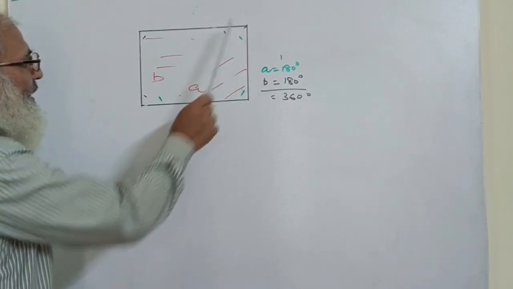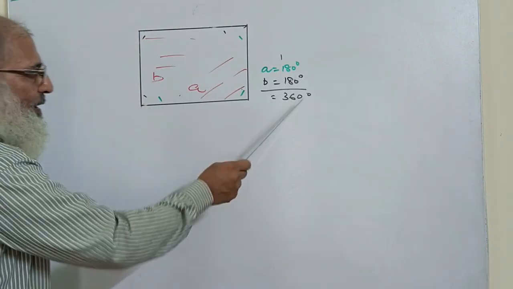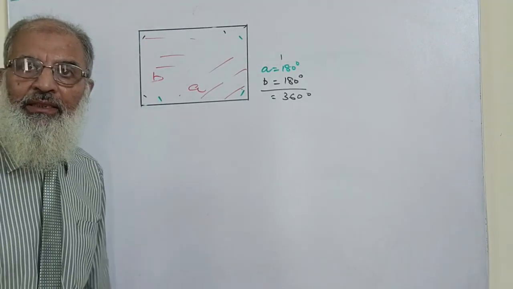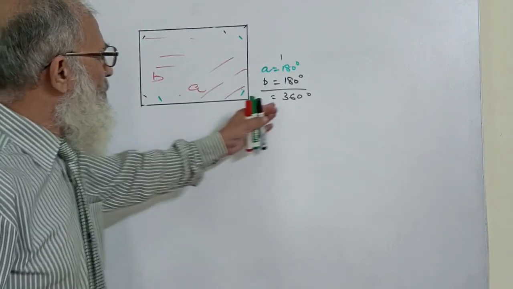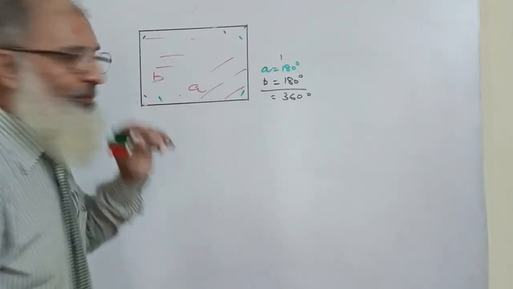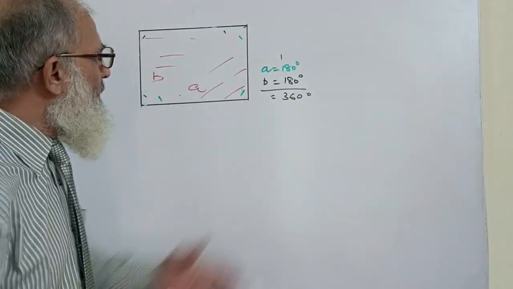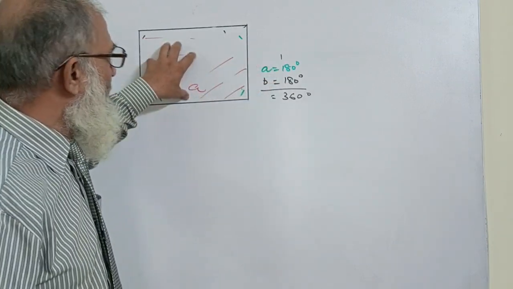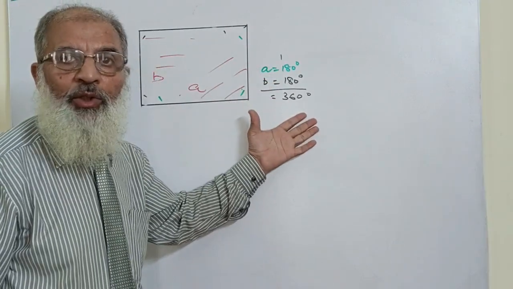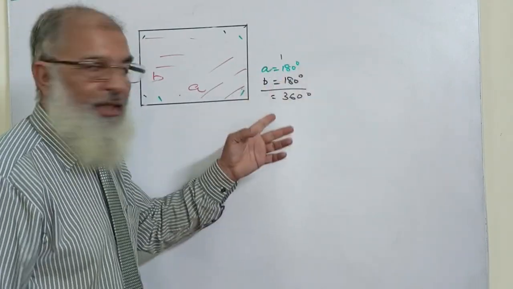So 90 plus 90 is 180, and 180 plus 180 degrees again becomes 360. There are many ways to find that in a quadrilateral there are 360 degrees. Now this is a very important property of the quadrilateral, and we can find the unknown angles with the help of given angles by this property.